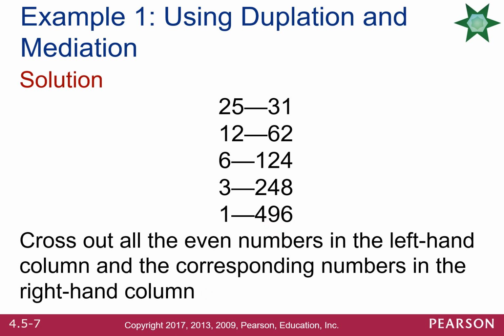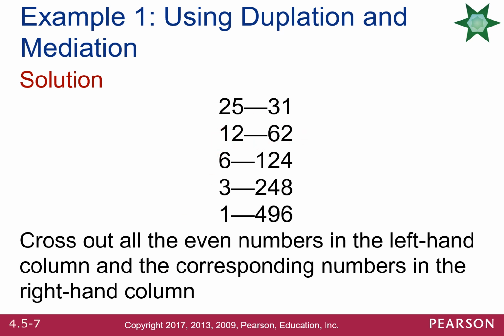We cross out all the even numbers in the left-hand column and the corresponding numbers in the right-hand column. So 12 is an even value, 6 is an even value, and these are the only ones. You have to start from the left-hand side. You're crossing out the values on the left-hand side along with their corresponding right-hand side values.